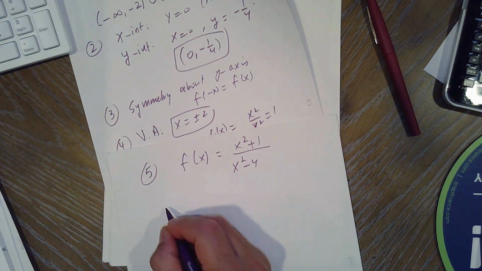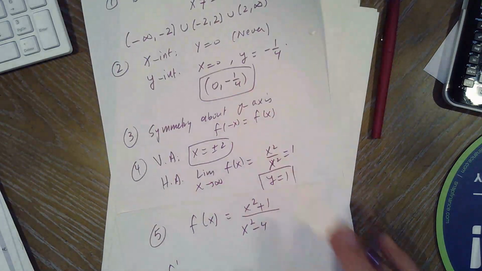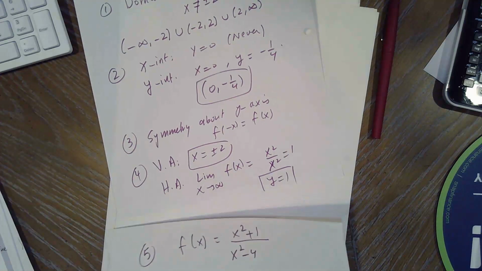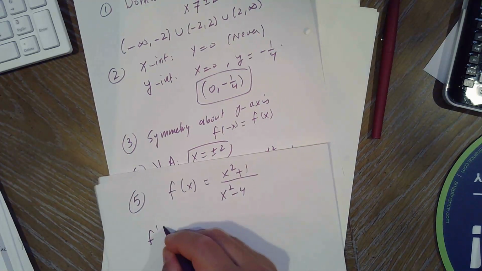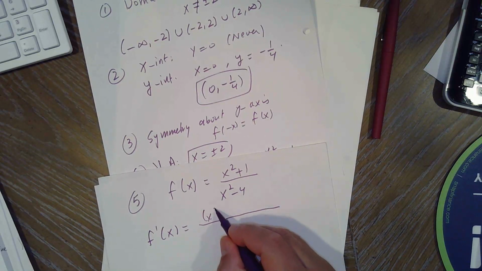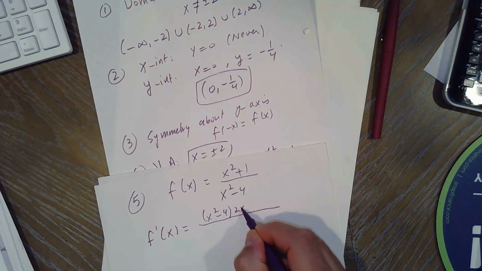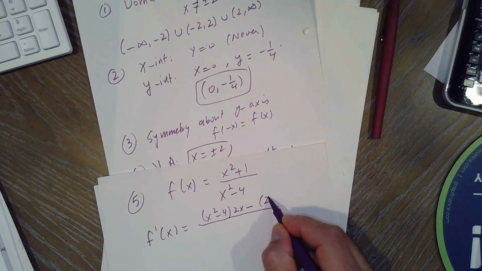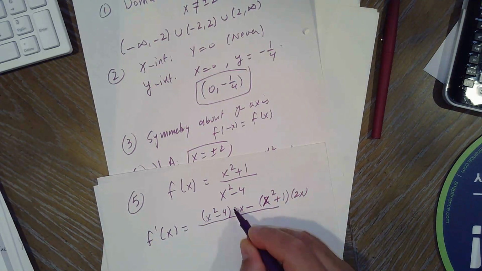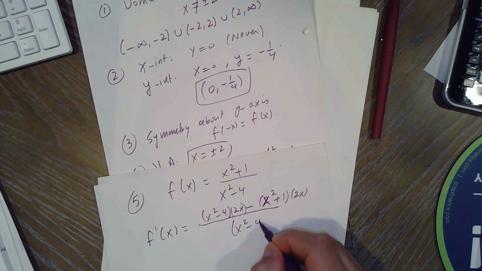The first derivative, you know, a lot of these details are not in my notes, so you might want to write them down. Or, you know, you have the video. f prime of x, so you do the bottom times the derivative of the top minus the top, which is x squared plus 1, times derivative of the bottom, all over the bottom squared.